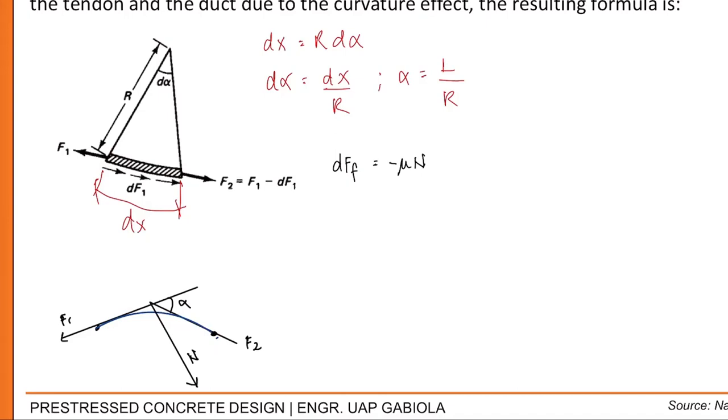And then, kung 90 degrees yan, okay, pwede kong i-connect si F2 dito sa kabilang side, no? Okay, ito. Si F2. And then, itong angle na to will be the same as alpha. Okay? So, pwede natin makuha si N using yung right triangle na to.